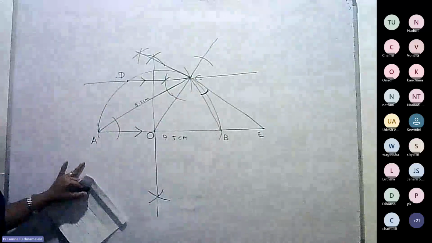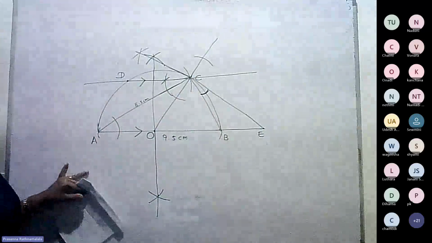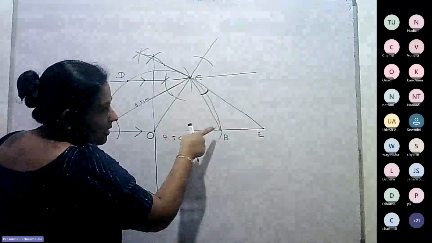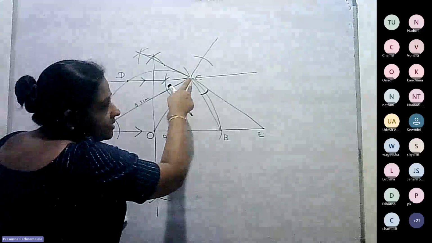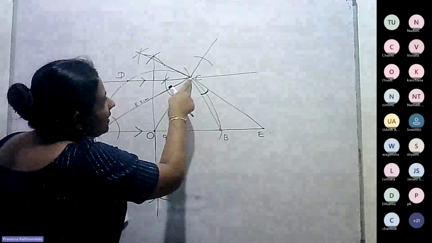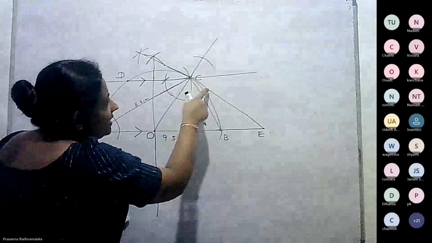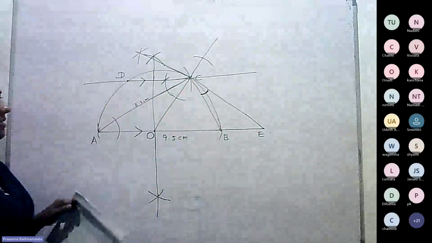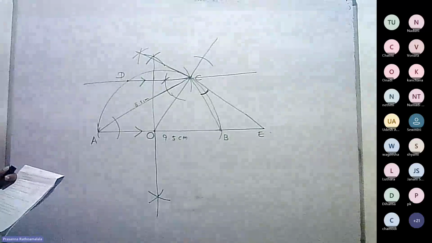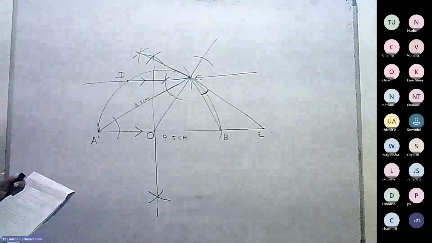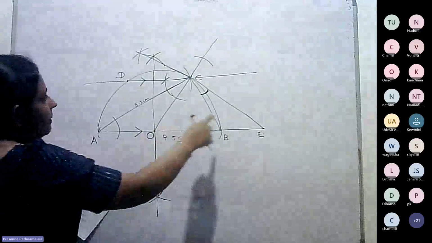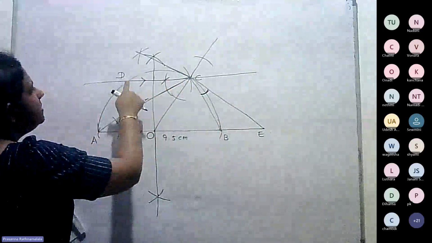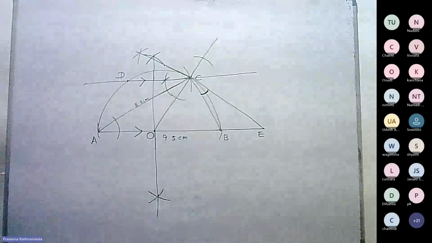What is that angle? That is the angle between a tangent and a chord, drawn at the point of contact, I mean the tangential point. This angle between a tangent and the chord equals ACD. So BCE equals ACD. Now how do we show that?